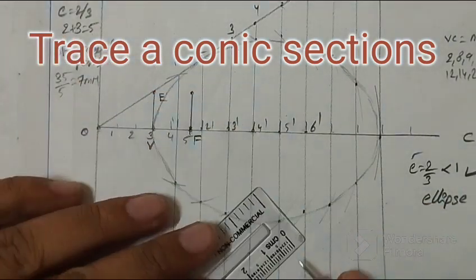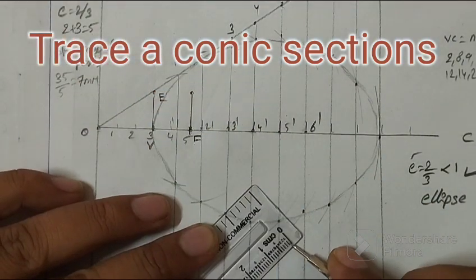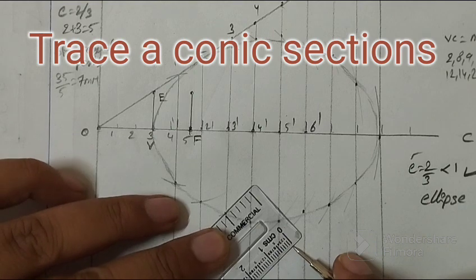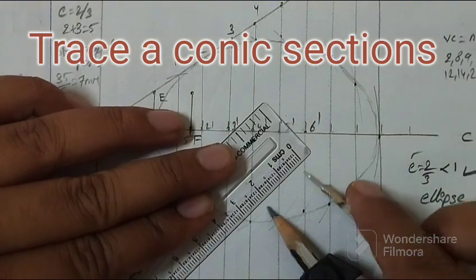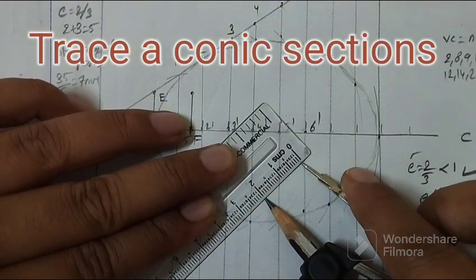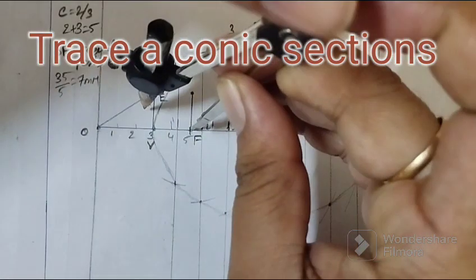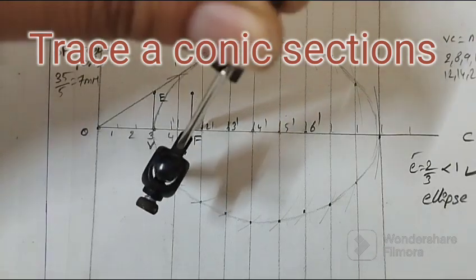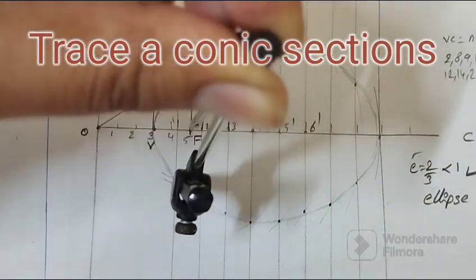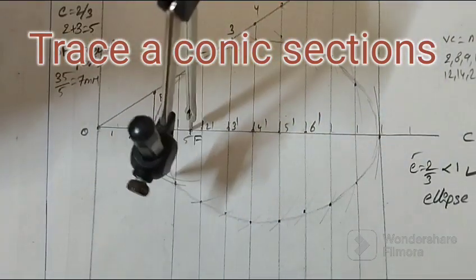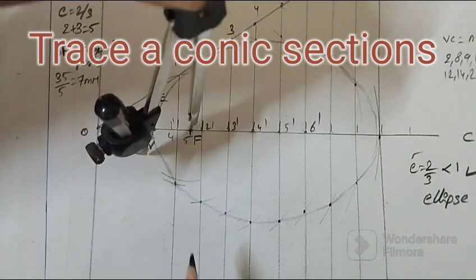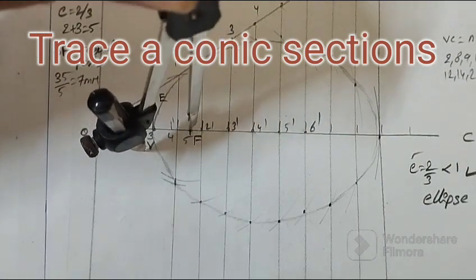So this is 20 mm. Now from F, from focus F, cut an arc on the curve which you have got. So it is cutting here, so this is my point.